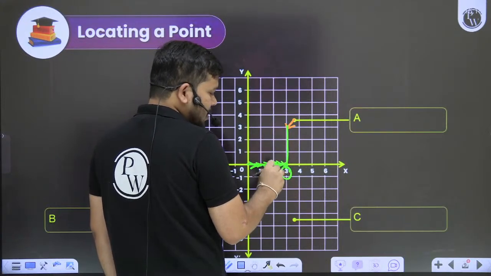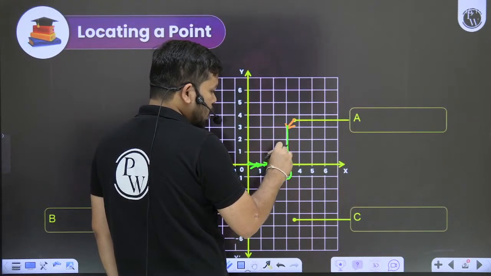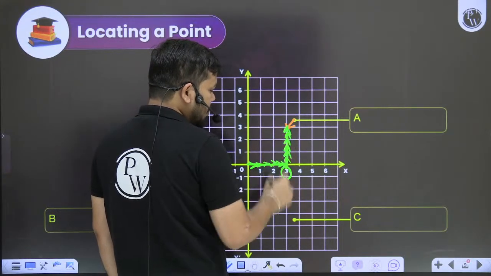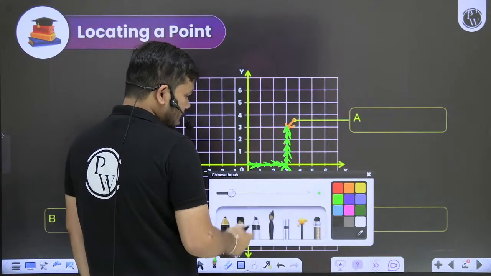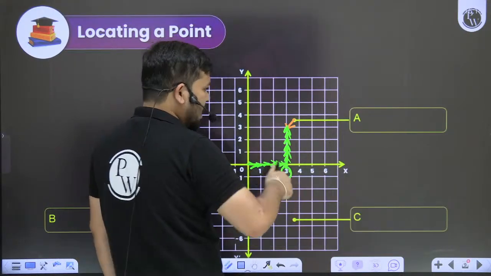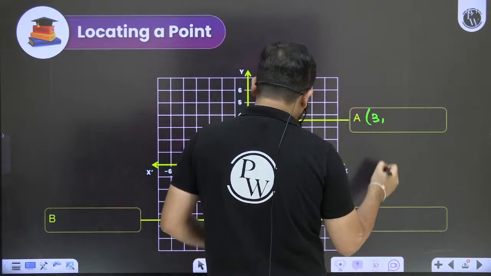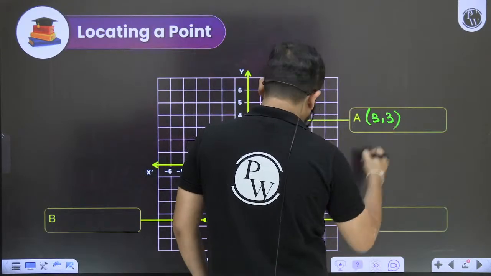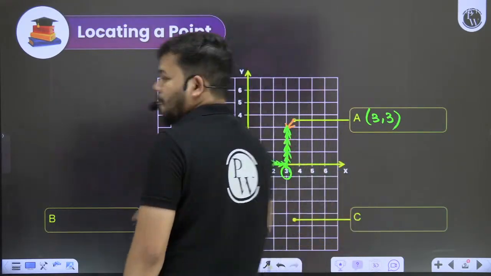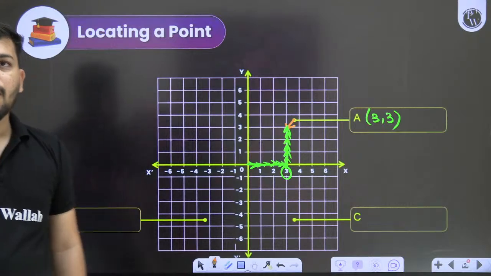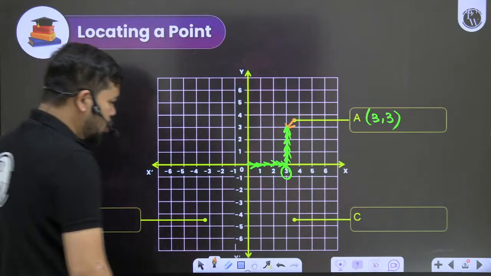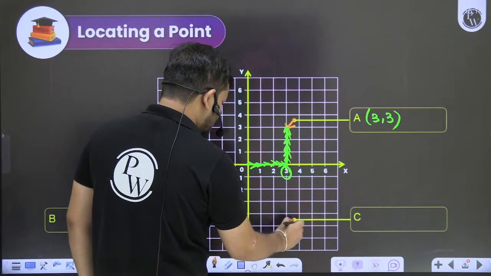So I will travel 3 units, and then after that I will go to the top of this, and this will be representing your x and y values. So the first one, the horizontal one, will be the x, so the point will be 3 comma, and y will be 3. That is, 3 comma 3 is your answer. Got it? If any point is given to you, you are able to calculate it.